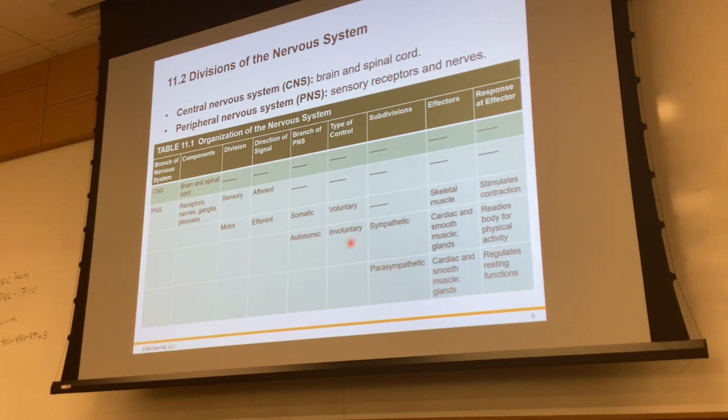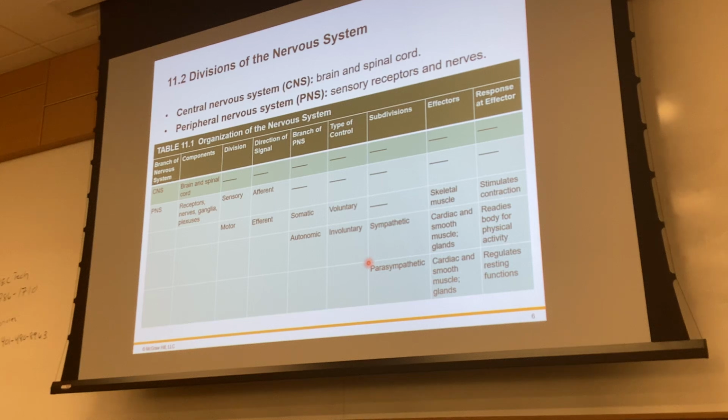There's also a very complicated involuntary system called the autonomic system. The way this is described, it is just motor. But there's a whole other variety of sensory systems associated with this that provide feedback.